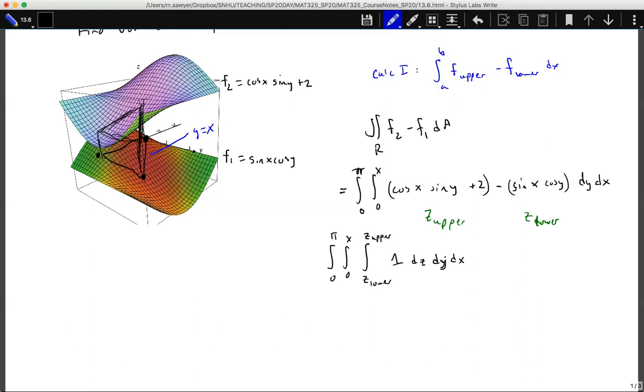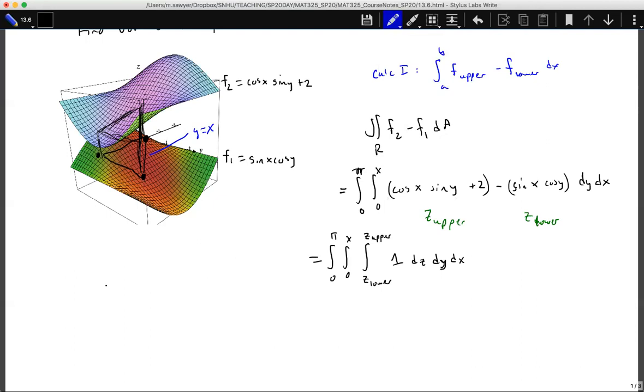And this is where we come into play with the triple integral. By the fundamental theorem of calculus, if we evaluate with respect to z, we would get z upper minus z lower as the inside piece. So in essence, we've built up our triple integral.